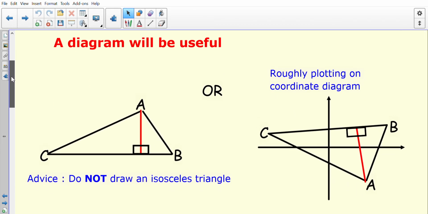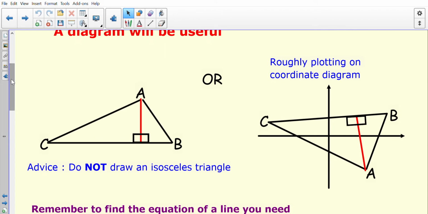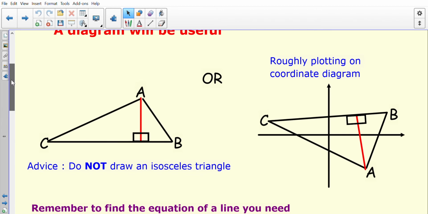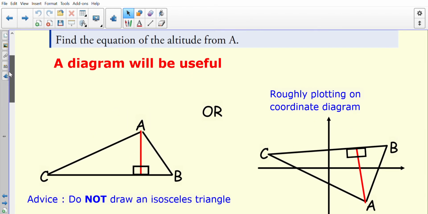So it's sometimes easier to have an example. So if you were to plot it in a coordinate diagram on the right hand side, just a quick sketch, that's what it would look like. Sometimes, however, it's just useful to draw a triangle, not an isosceles triangle, just draw any triangle and make the top point of it, in this case A, whatever the altitude is from.